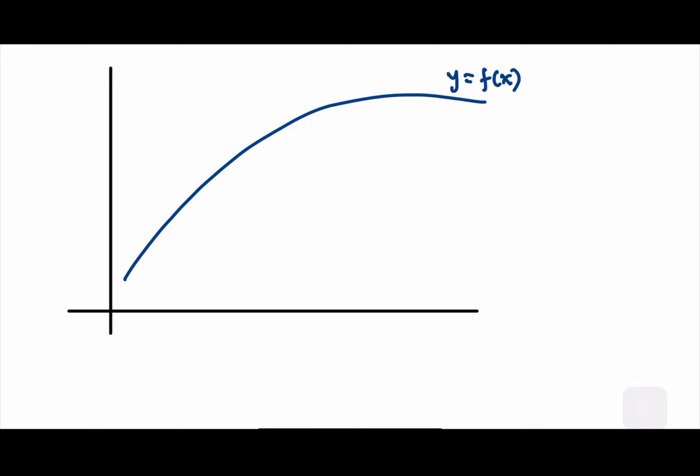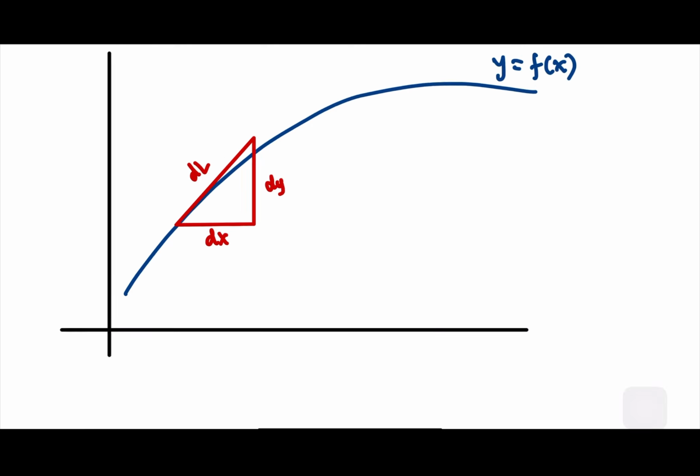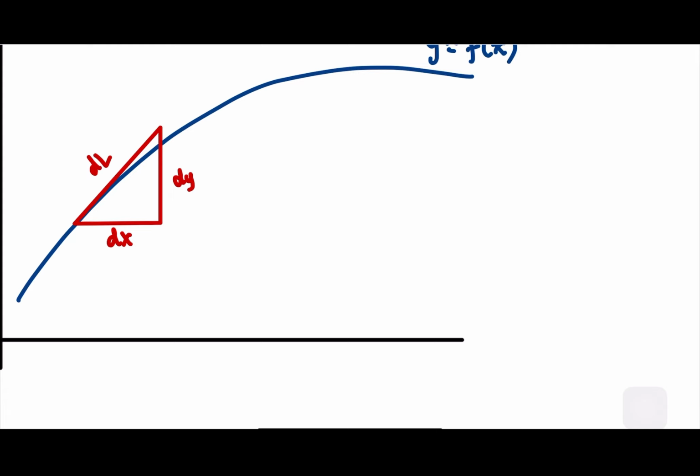Now the idea is we have a tangent line like that, and we call this tangent dl. This tangent is composed of two elements, dy and dx. Let this dl be really small, and we can use the Pythagorean theorem of the triangle.